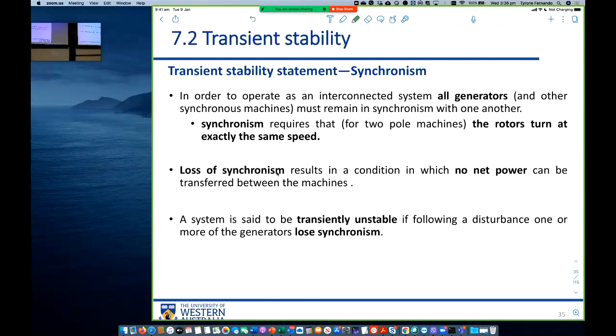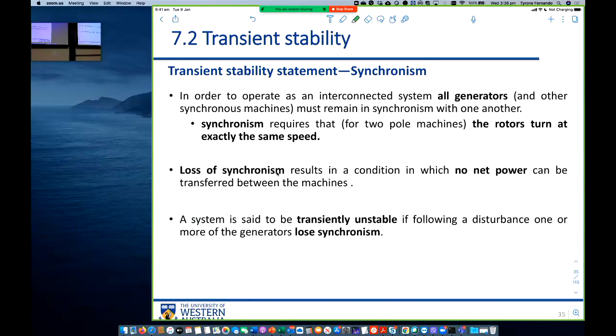Synchronism requires that for two-pole machines, the rotor turns at exactly the same speed. So the frequency of the generators has to be the same, if it's 50 hertz, then it's 50 hertz for all the generators. But if something rotates at one speed and another one rotates at a different speed, then it can lose synchronism. Loss of synchronism results in a condition in which no net power can be transferred between the machines.